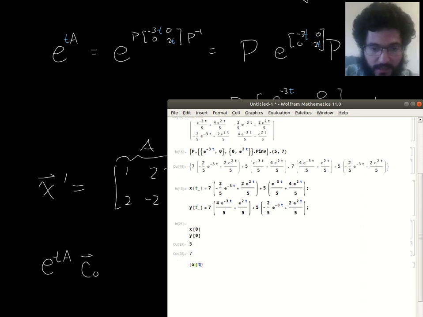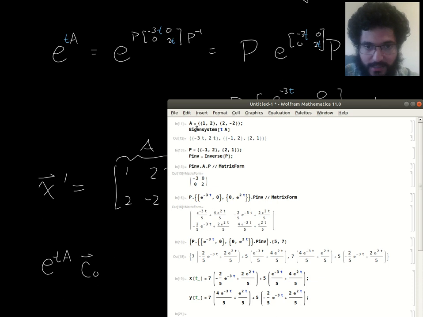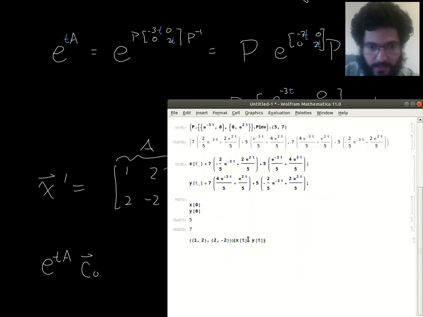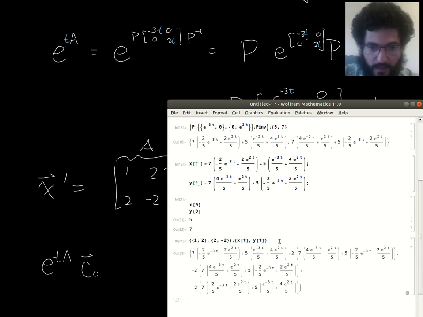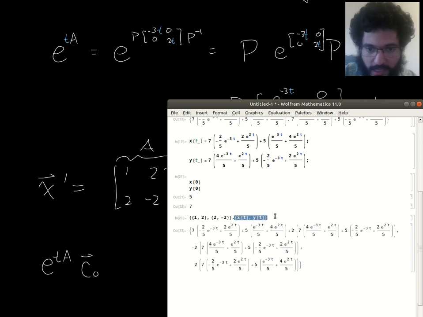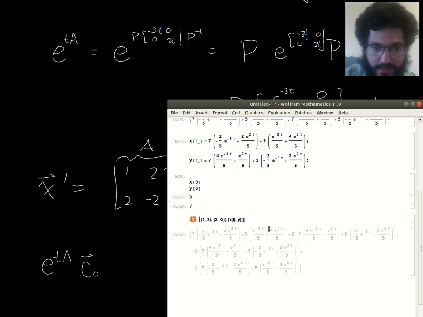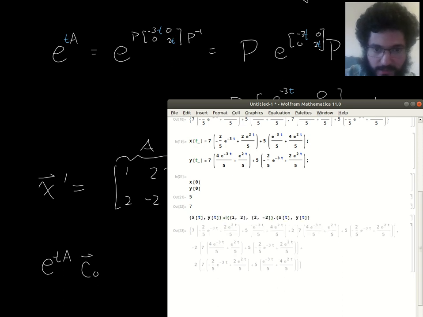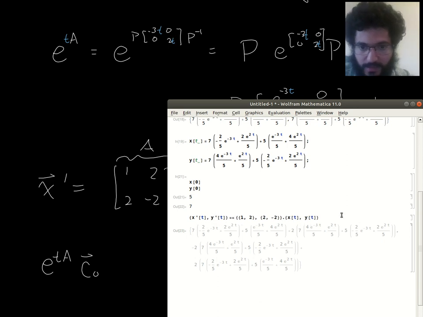And then secondly, if I package these together like this, then it should be that when I apply my matrix, this matrix, to them, that should be the same. It should solve the differential equation. So that should be the same as if I took the derivative. So this equality, where I take derivatives here, this should be true, right?